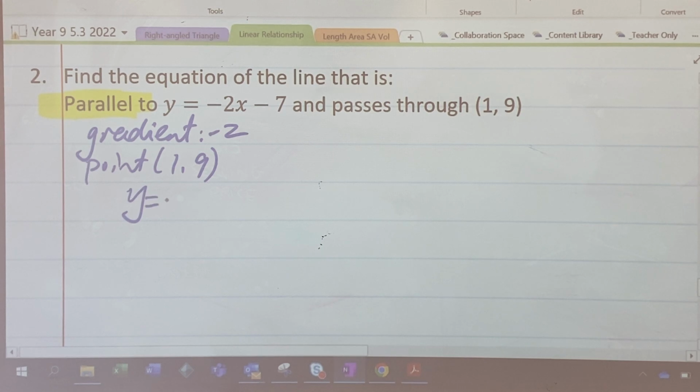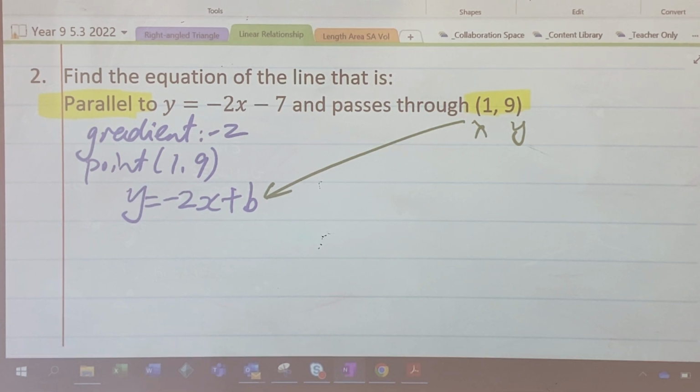y is mx plus b. I'm going to substitute the point into the equation. That's my x, that's my y. We said this more times than I can count last week. So what's x? x is 1. So minus 2 times 1 plus b is 9.